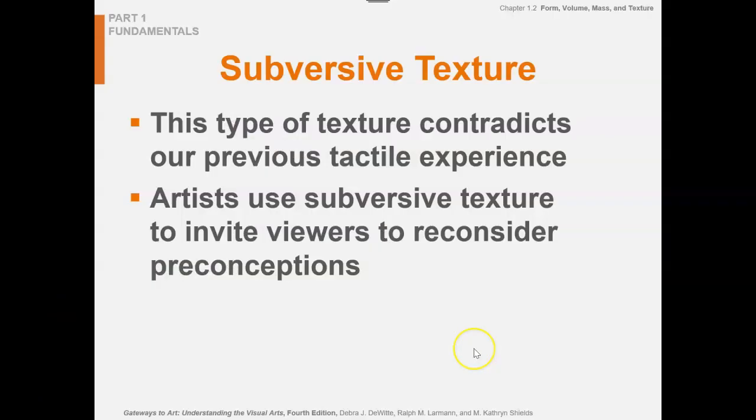Subversive texture takes our previous experiences and then contradicts them. This is where I was talking about how artists will sometimes trick you or bring something different from the artwork. An artist will use subversive texture to invite you in and reconsider your preconceptions of things.